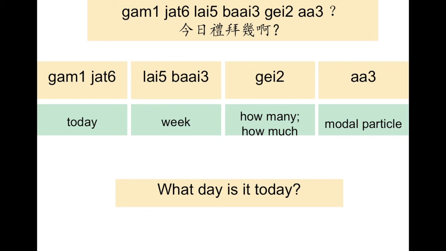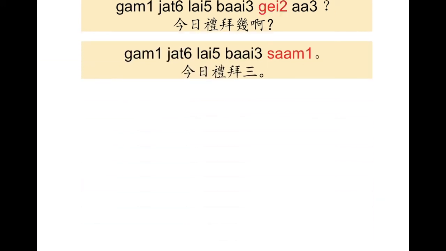Now, do you know how to answer this question? 幾 is a question word. So, for answering this question, you just need to put the number to replace 幾. For example, 今日禮拜三. 三 is 3. 禮拜三 means Wednesday. 今日禮拜三 means today is Wednesday.